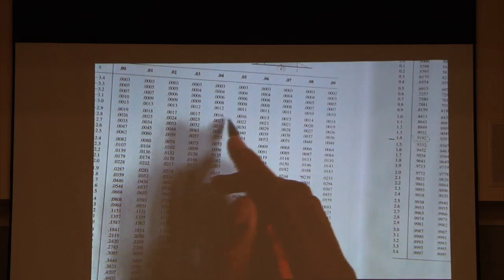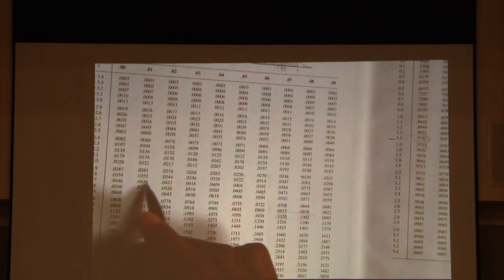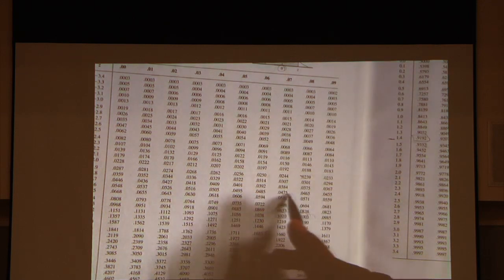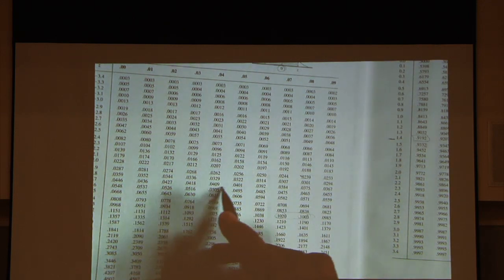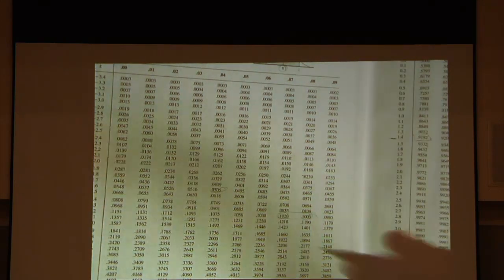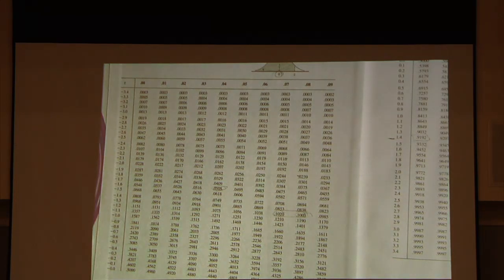So I'm going to look somewhere here for 5%, and probably this one right here, right? But that's for Z alpha. Now you want alpha over 2 because you have an interval, so you want it on both sides.